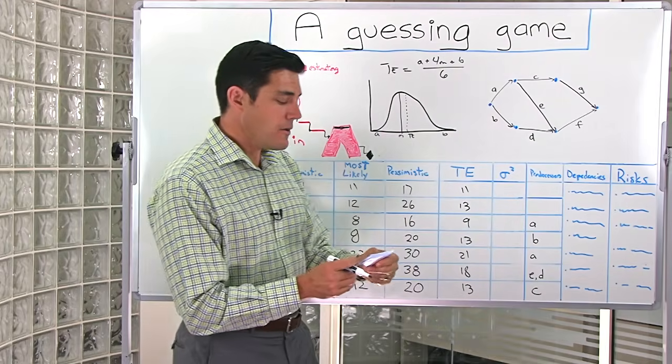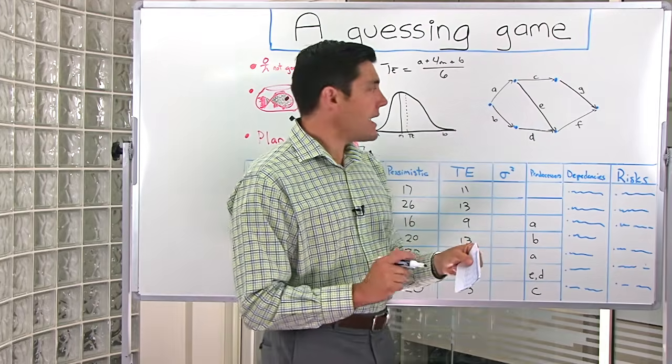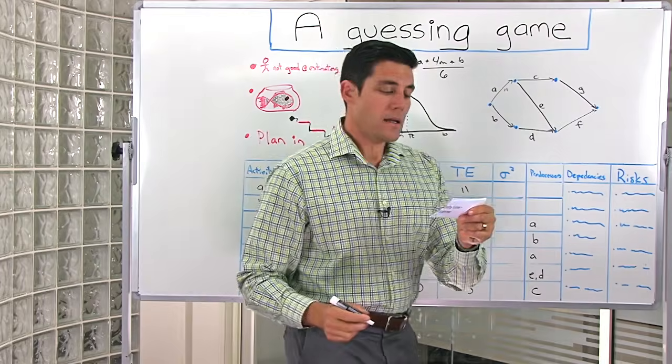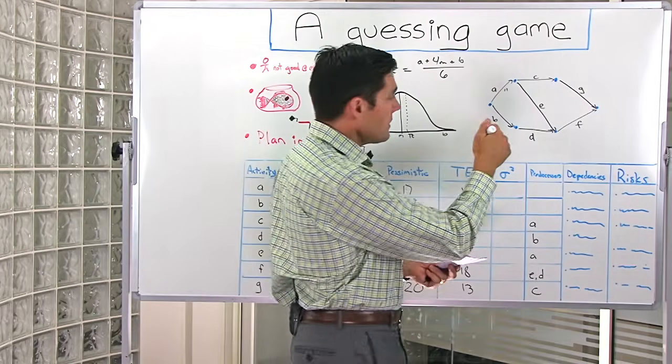For example, for activity A, I've got 11 days, so I just go in there and write 11 days. For activity B, I've got 13 days, so I go and do that.